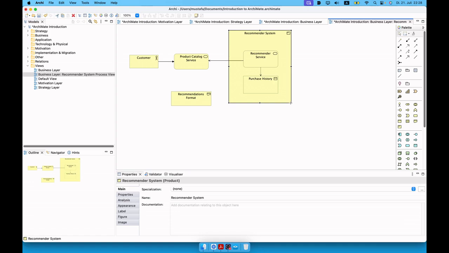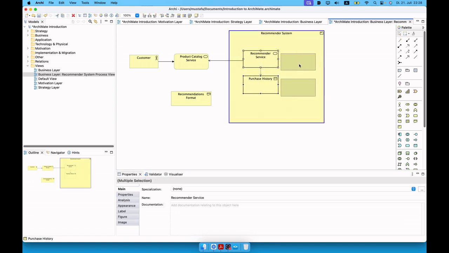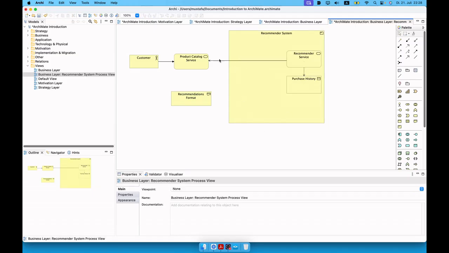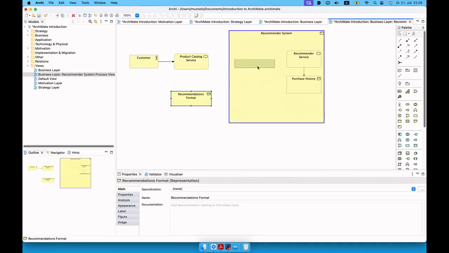Make our recommender system slightly bigger, send it backwards, and make this right here.